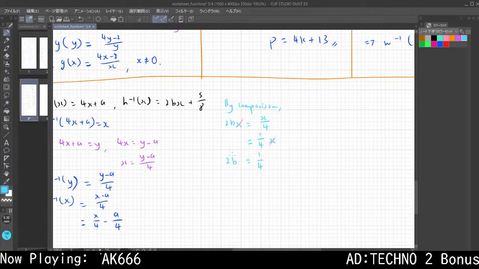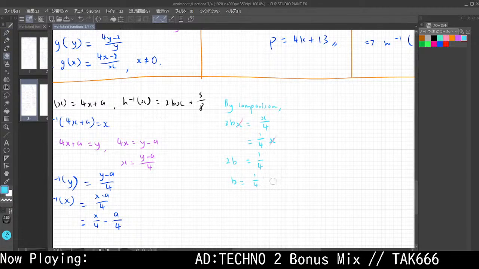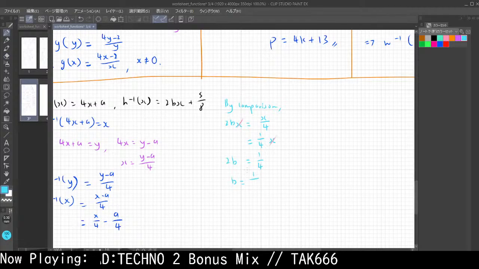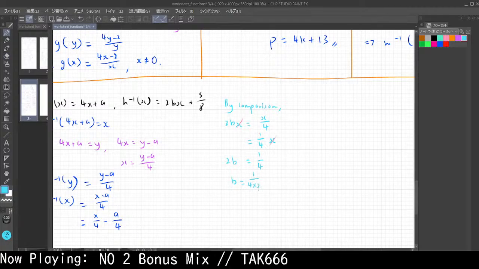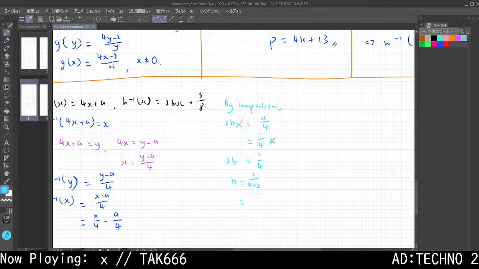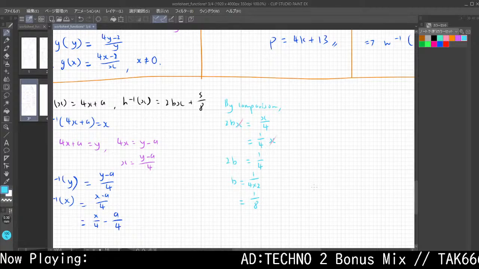To get b, move your 2 over to do division. This dividing just goes at the bottom. If you do division with a fraction, your number will just go to the bottom to multiply with your denominator. Therefore, this is effectively 1 over 8.